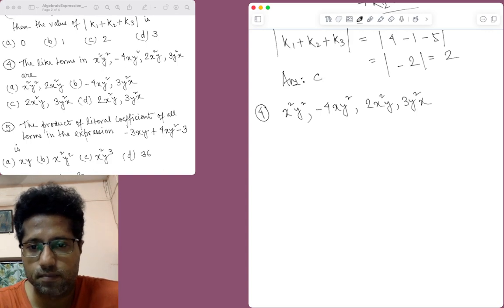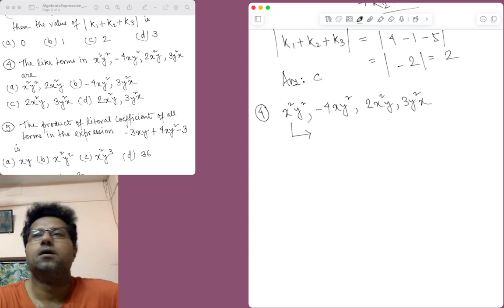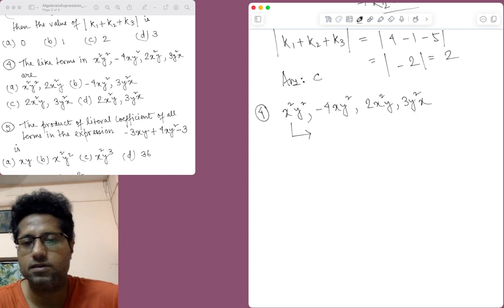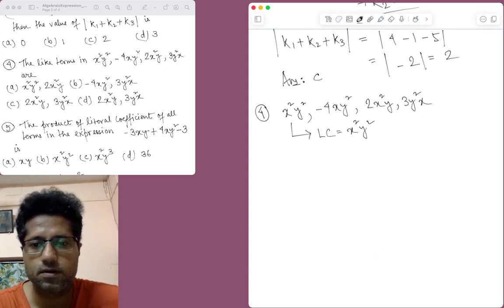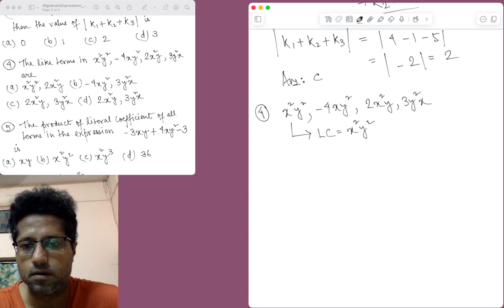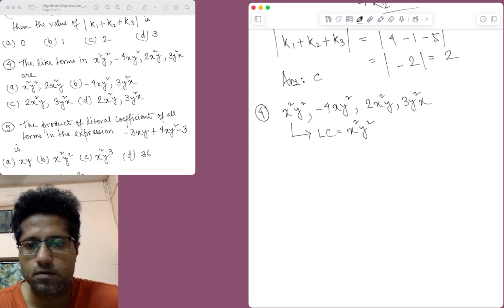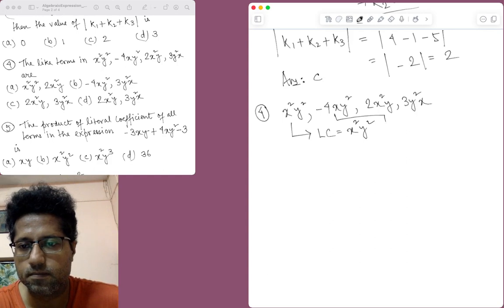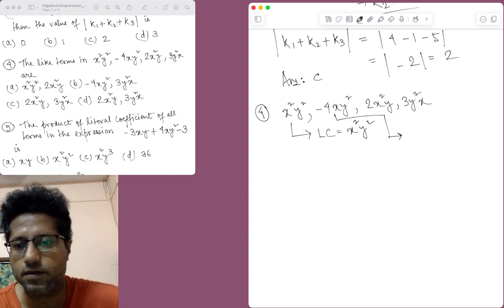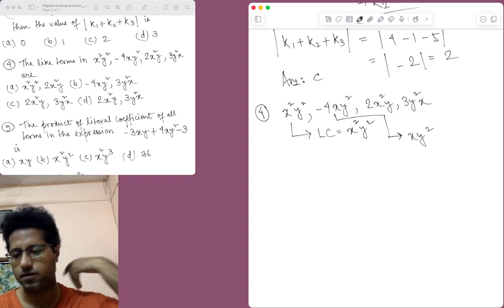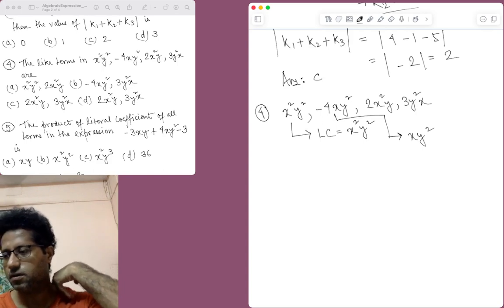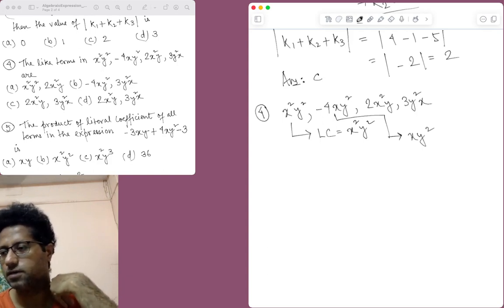I'm writing LC in short for literal coefficient. For this term, the literal coefficient is x square y square. What is the literal coefficient of a term? Everything in the term except the numerical coefficient.